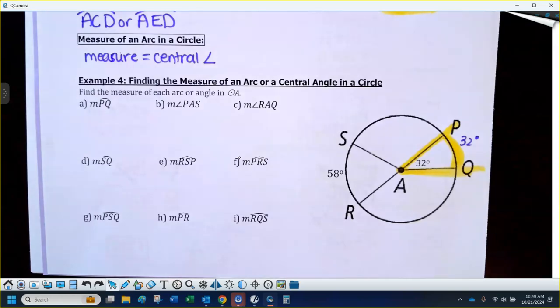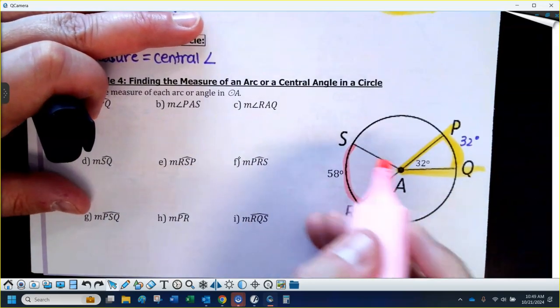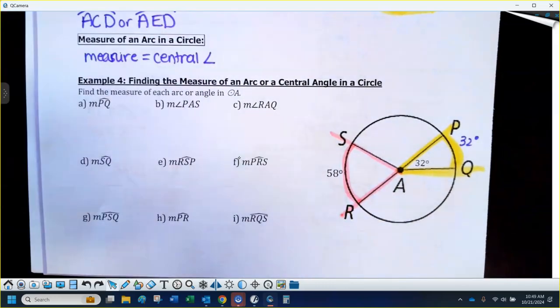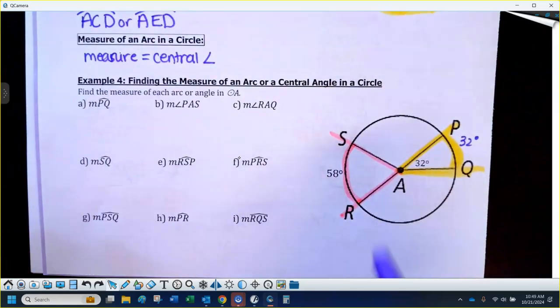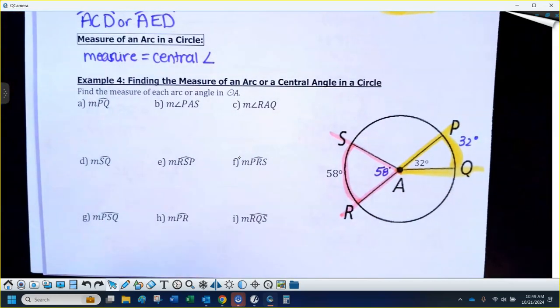Now, super similar. This gives you the arc. It says it's 58. So if the arc is 58, I'm going to reverse what I just said: the central angle is the same measure, also 58.